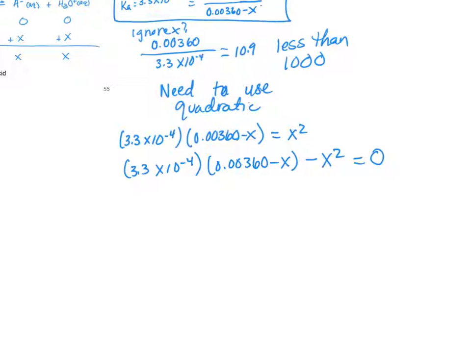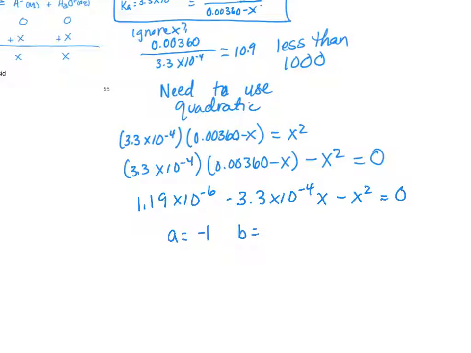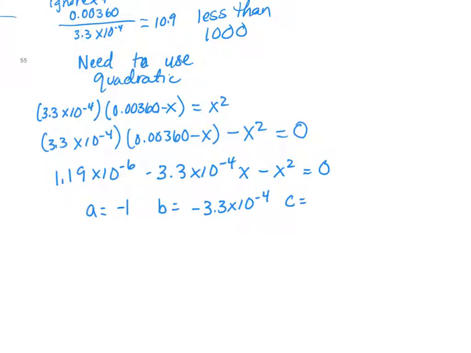When we multiply this out, we'll have 1.19 times 10 to the minus 6 minus 3.3 times 10 to the minus 4 X minus X squared equals 0. So A is equal to minus 1, B is equal to minus 3.3 times 10 to the minus 4, and C is equal to 1.19 times 10 to the minus 6.